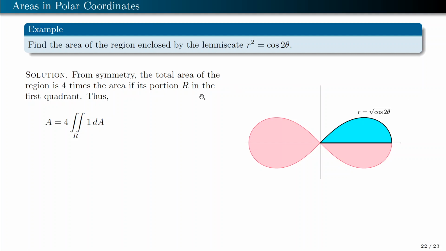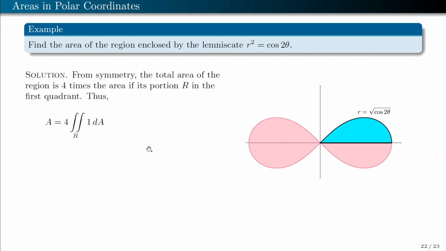So, the area is 4 times the double integral of 1 over this region R, because when we make the integrand 1, we get the area of R. Now, let's evaluate this double integral. Since our curves are already written in polar coordinates, we use polar coordinates to set up this double integral.